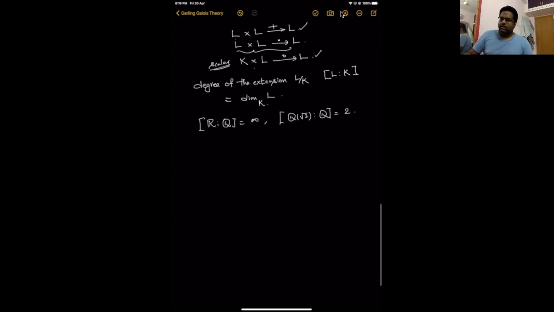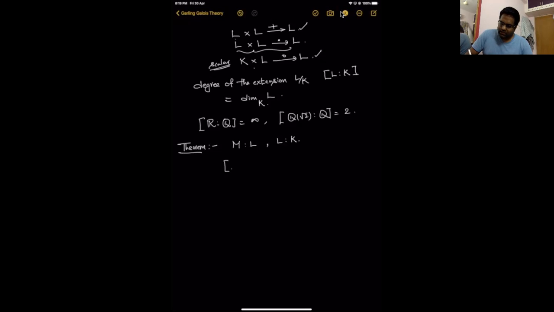Okay. And the first theorem of this course is the following theorem. Let M over L and L over K be extensions.